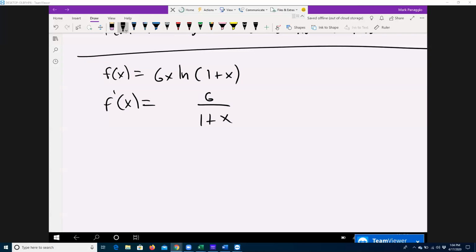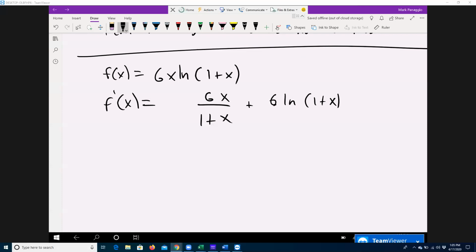So are you ignoring the x for now? Oh, sorry, my problem was, I think, 6x ln of 1 plus x, maybe? Right. Okay, so can you see my screen right now? Oh yeah, sorry, I see it now. Okay. But if you take the derivative of that, what do you get?